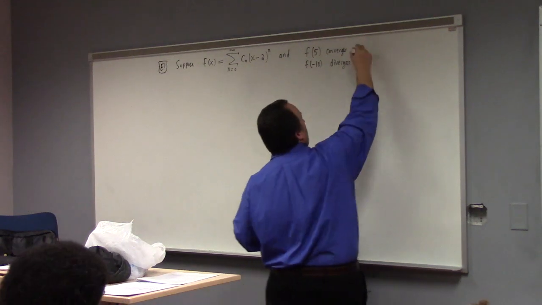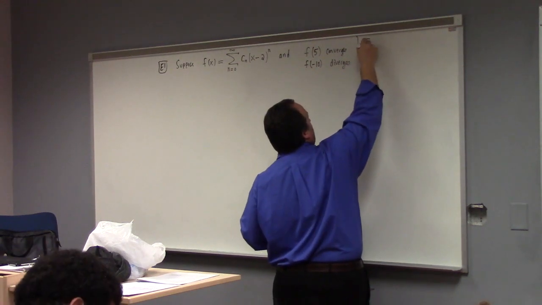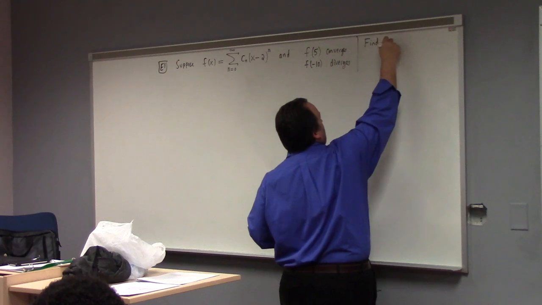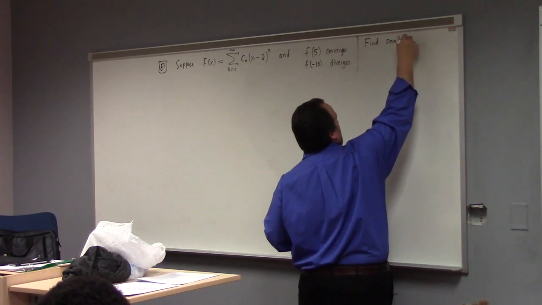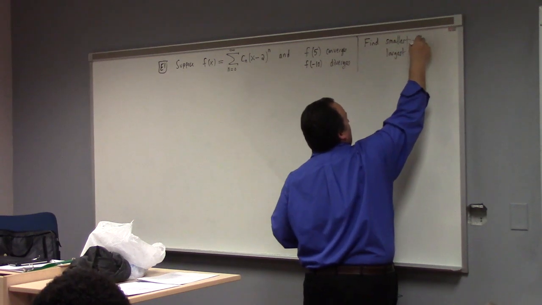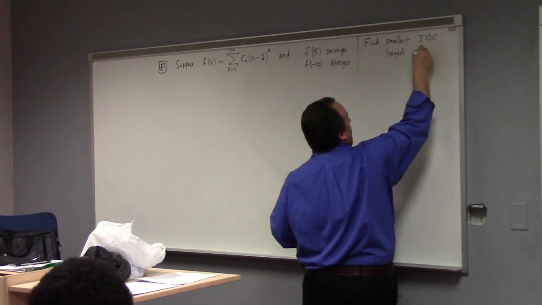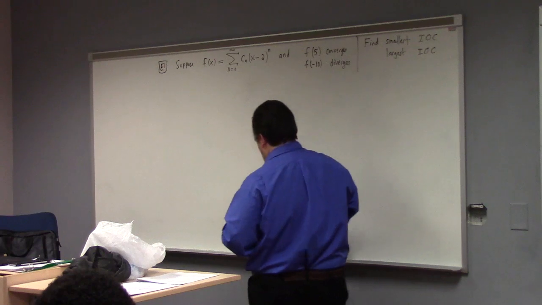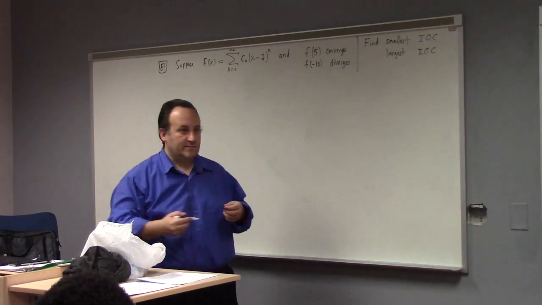Okay? Question is then, find the smallest and the largest possible interval of convergence possible given the data, all right?